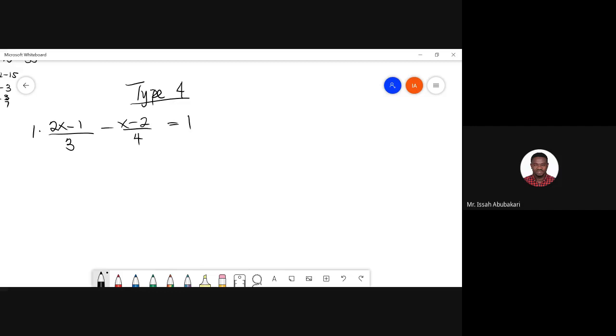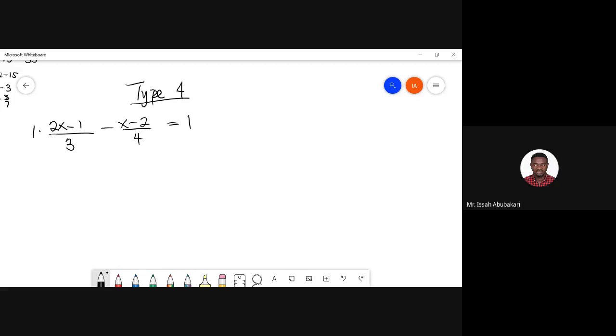In a case like this, we multiply. In some instances, the smaller denominator can be a factor of the highest denominator, and then we just take the highest denominator as our LCM. But in this case, we don't have that. So we just multiply 3 by 4 and we get 12.